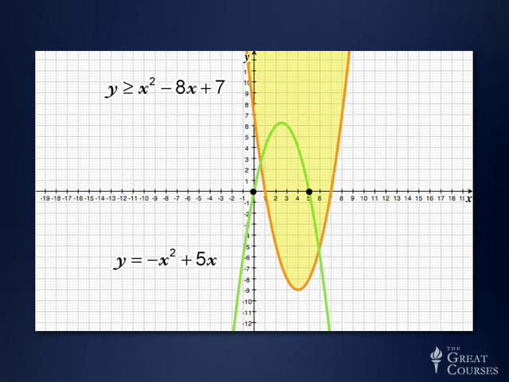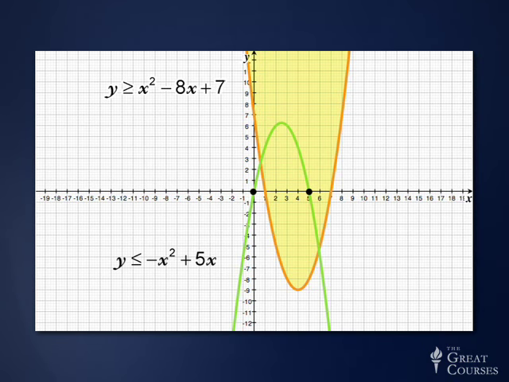Now, since this second inequality was a less than or equal to inequality, I want to sketch this second parabola also with a solid rather than a dashed line, so to speak. And so I'm going to do that for the boundary, and then I need to ask, where is the solution set for this second inequality?